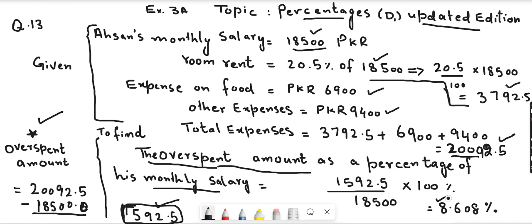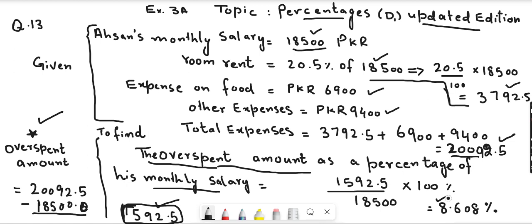Now I'm going to explain it a little bit in Urdu as well. Over here, the salary given is 18,500 Pakistani rupees. His room rent is 20.5% of the salary. The percentage was given, so we calculated the amount of room rent.